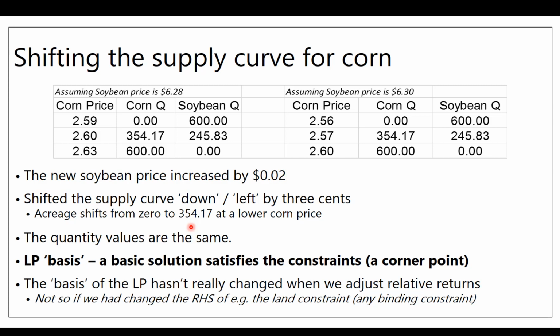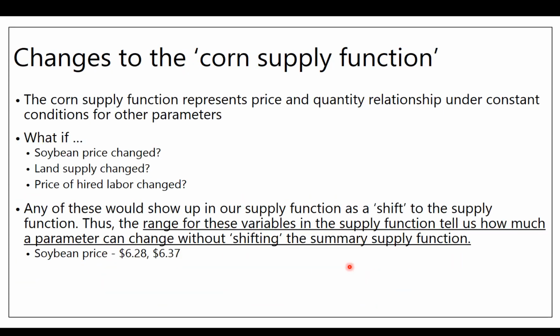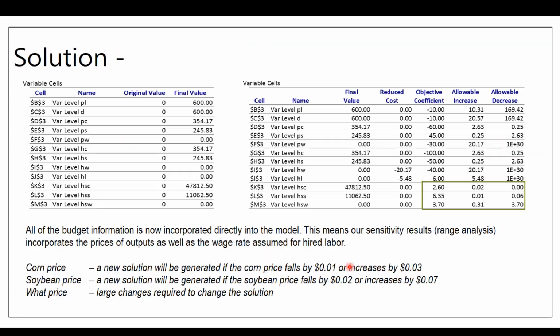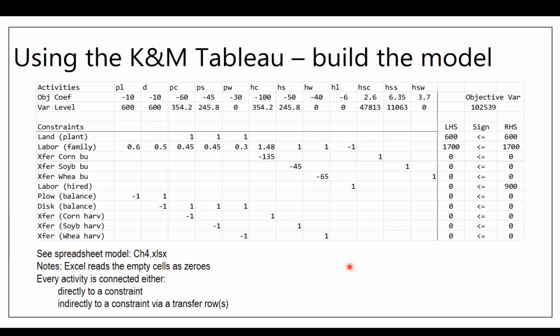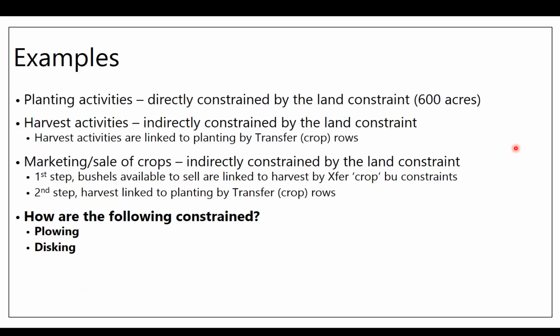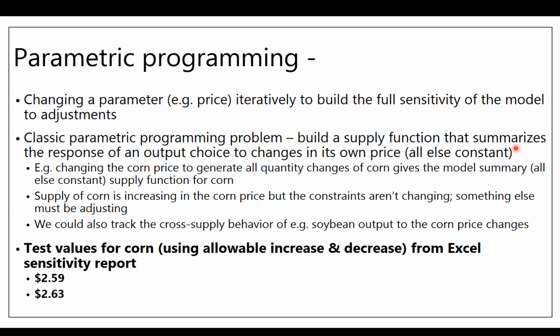And so you need to be able to generate these corners to generate behavioral changes in response to parameters. So when I went back up here and said we have relatively few right-hand side values, I was talking about that because that means you're going to have very limited quantity responses, because there's only a few ways to change the basis of this model.